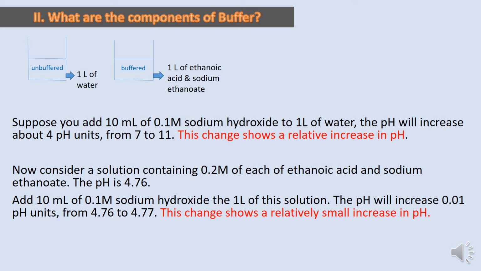In the first beaker, the pH changes relatively highly, increasing by 4 units, while in the second one the change in pH is relatively small.